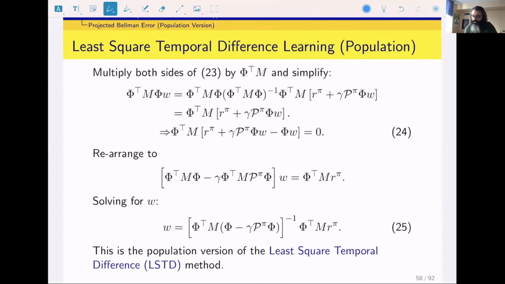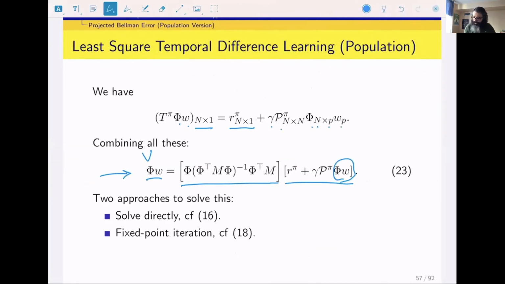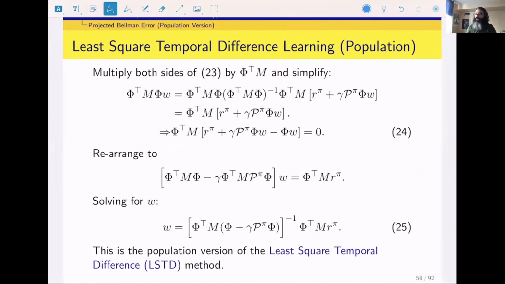This is some algebraic manipulation. We start from equation 23 and multiply both sides by phi transpose M and simplify.